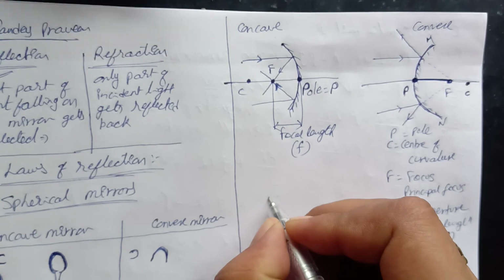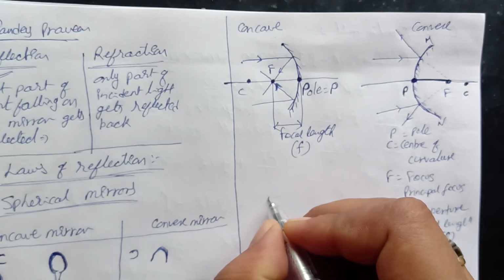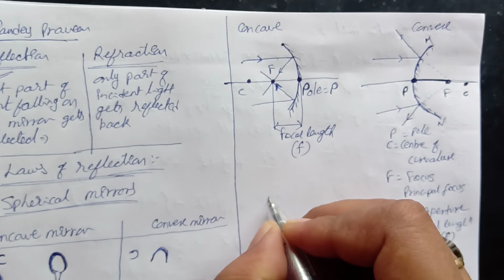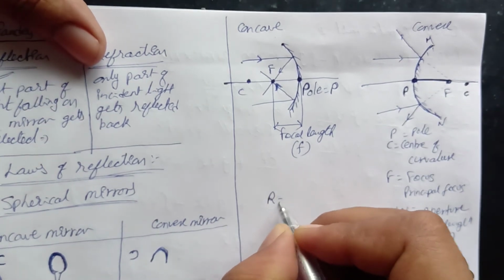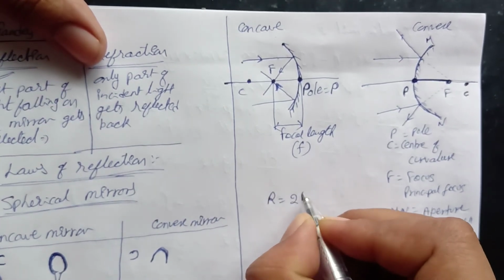Now, there is also a relation between radius of curvature R and f. Whenever a spherical mirror has an aperture much smaller than its radius of curvature, then R is equal to 2f. It means the distance between P and F is equal to the distance between F and C. So P to F is f, and F to C is f. So totally we can say that R is equal to 2f.